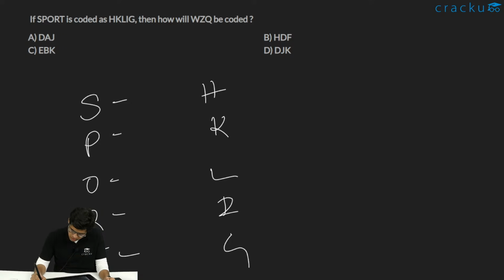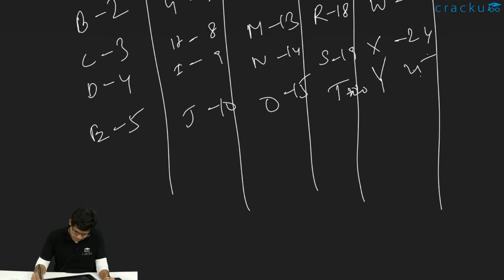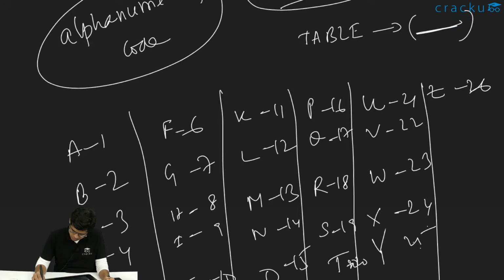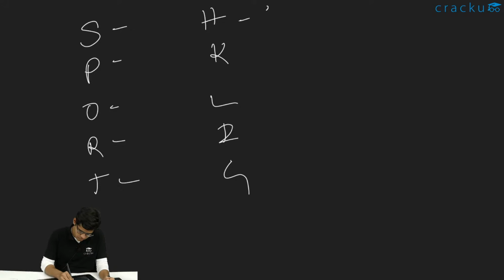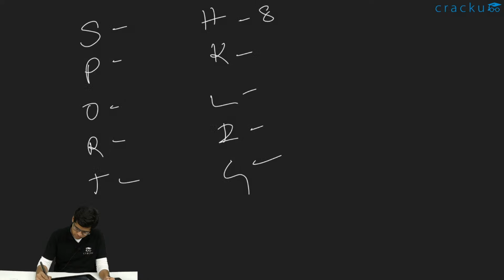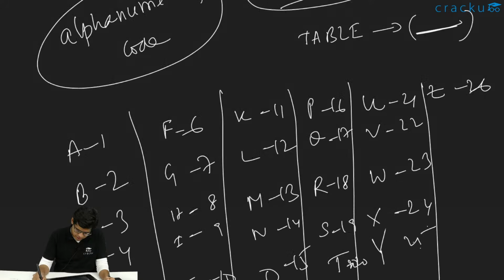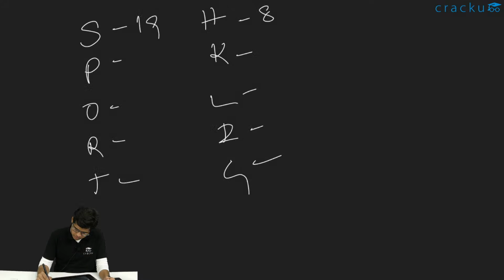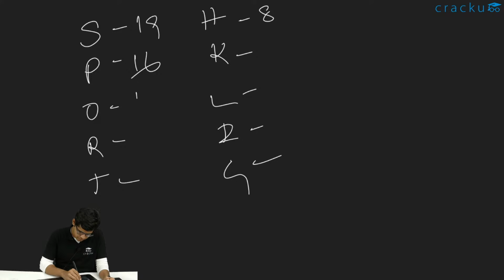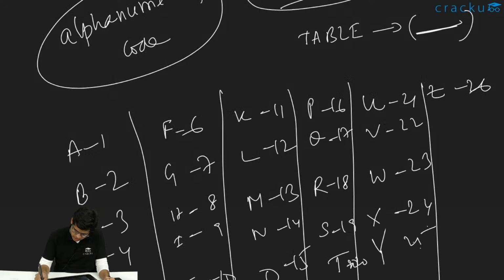Starting with S: S is 19, P is 16, O is 15, R is 18, T is 20.